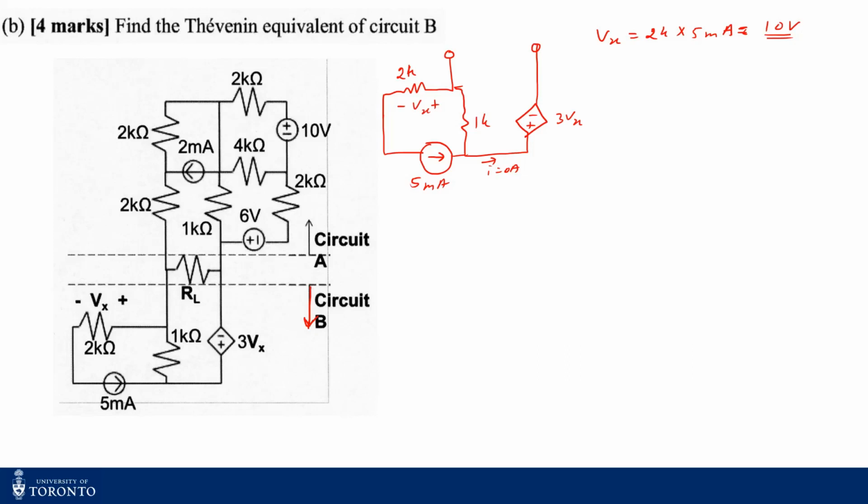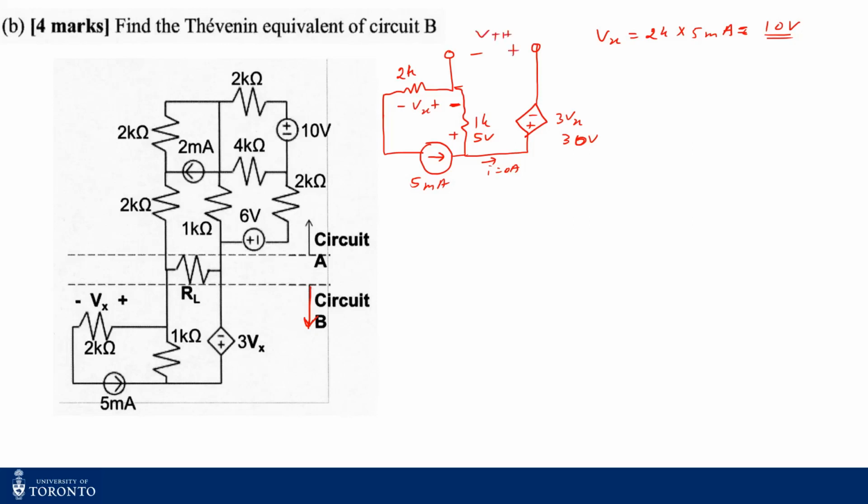Now I have to find out the Thevenin voltage. So that's like my 30 volts. And what's the voltage across this 1K? It's 5 milliampere times 1 kilo ohm, 5 volts. Now look at the polarity. In this case also, I assume this to be my Thevenin polarity.